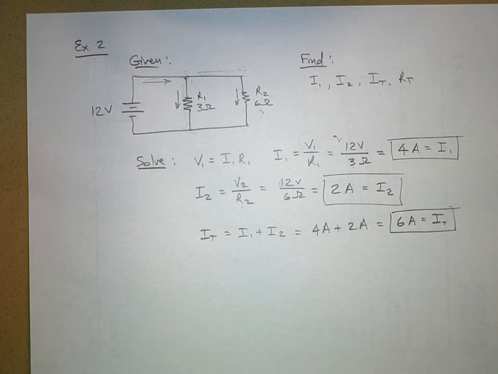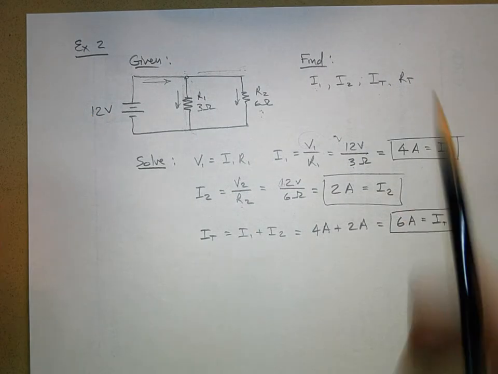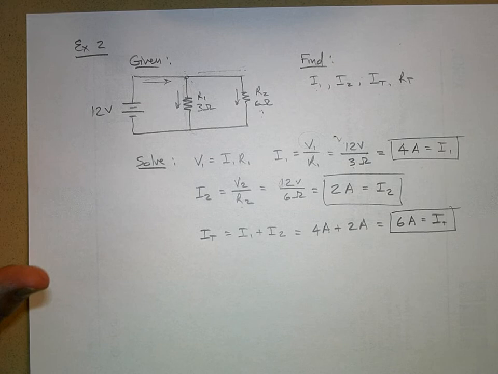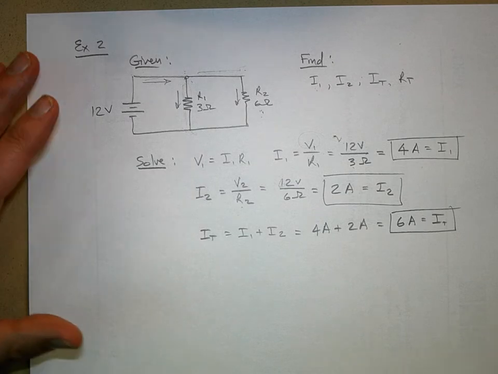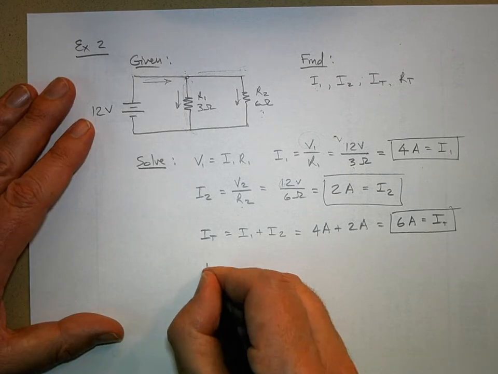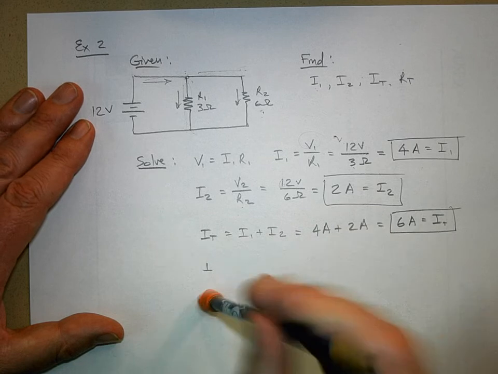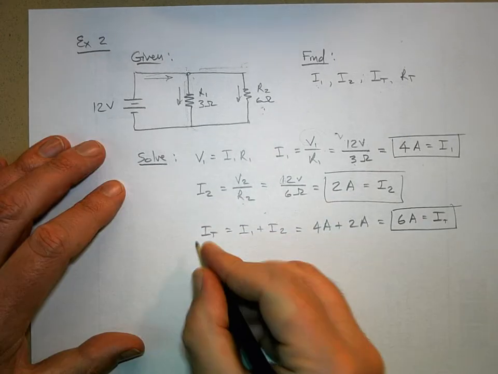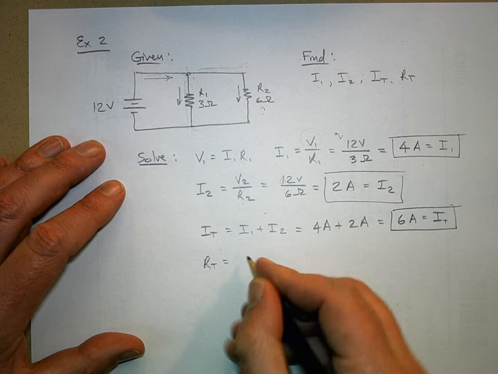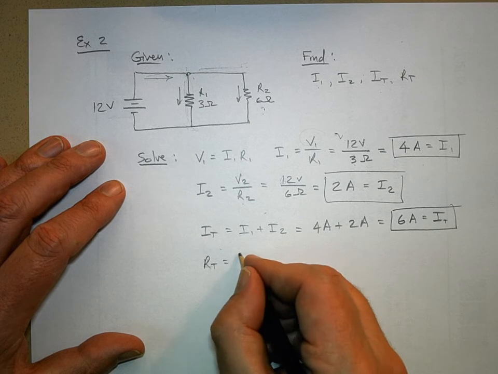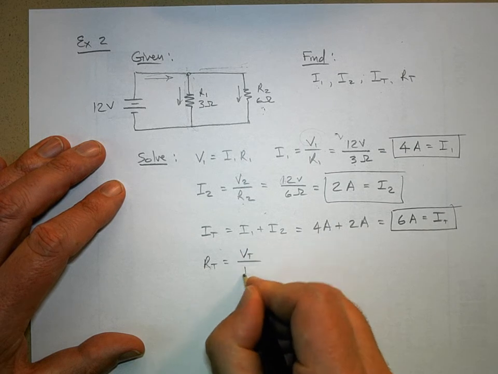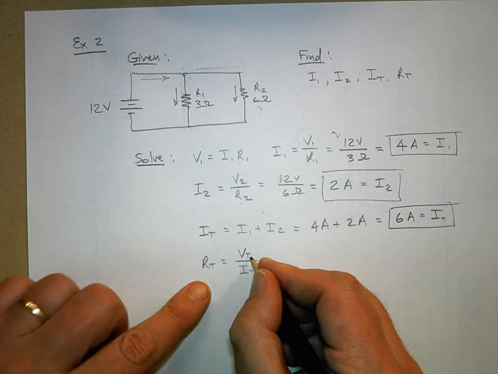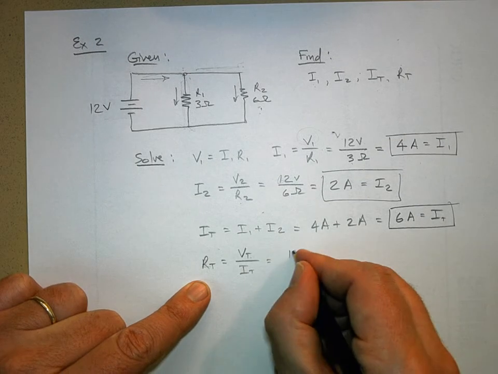And then it says, what is the total resistance? Two ways to do it. I'm going to do it both ways. I can use Ohm's Law. Total resistance is equal to the total voltage over the total current. Total voltage is 12 volts.